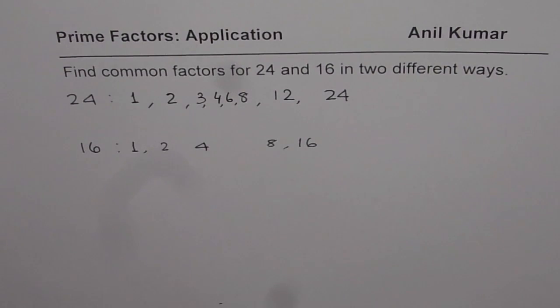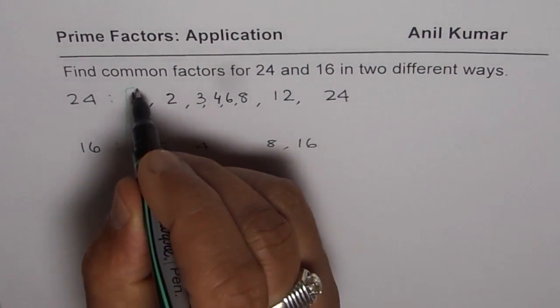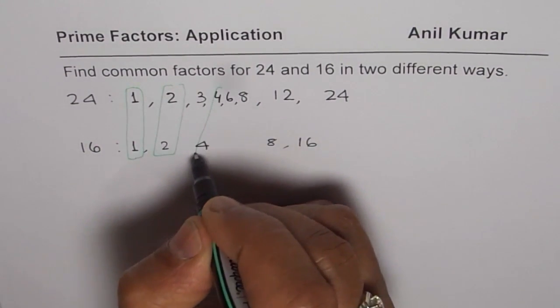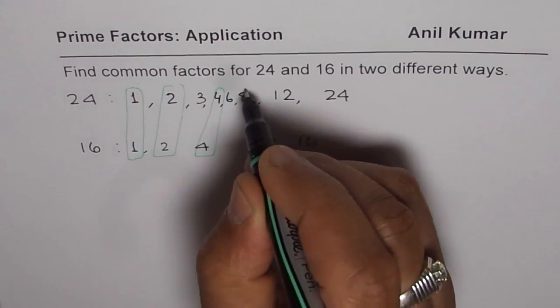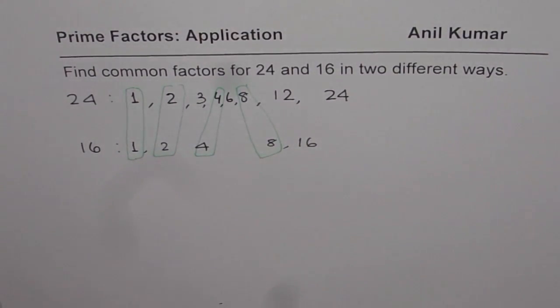Now let us highlight the common factors. So 1 and 1, that is one common factor. Then the second one is 2, and then we have 3, not 3 but 4, and then 8, right? So these are the common factors between 24 and 16.